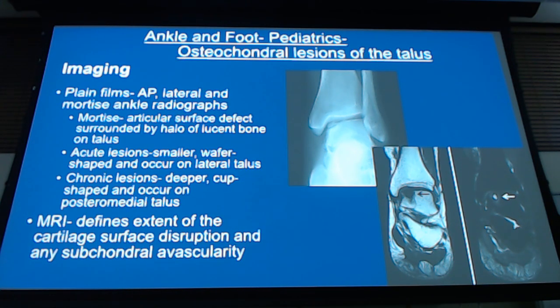Now, earlier on we talked about having an AP and lateral of the ankle joint, right? Certainly an AP and lateral of the foot is great, but remember on day one, I said if you want to visualize the entire ankle joint, what view should you get? Mortise view, right? Or Morse view, depending on which part of Texas you come from, right?